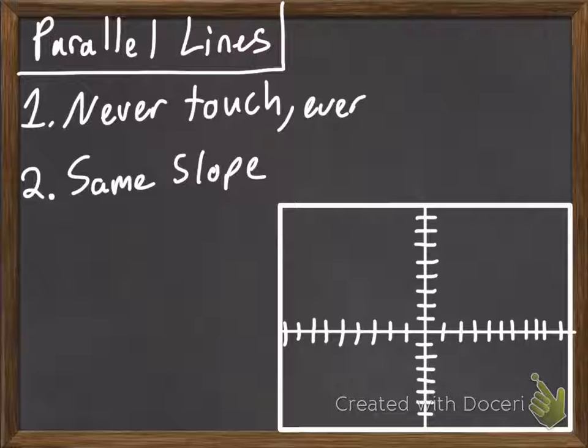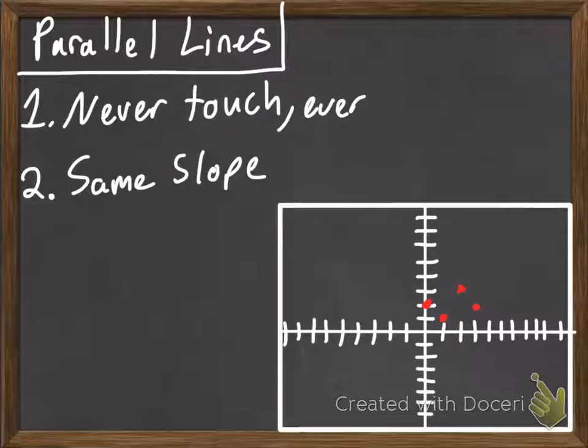So let's take the point 1, 1, and let's have a slope of 1 over 2. So we go up 1, right 2. Let's put a dot at 0, 2. If we do the same thing, go up 1, right 2, we see we're here.